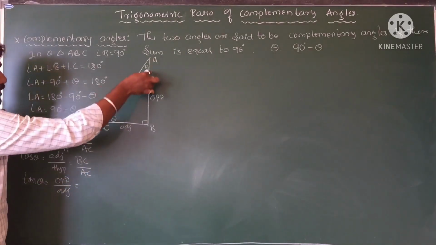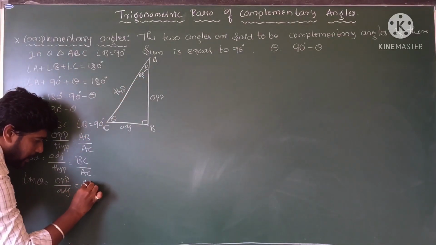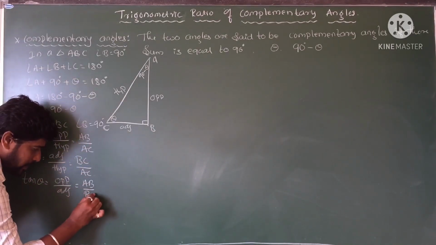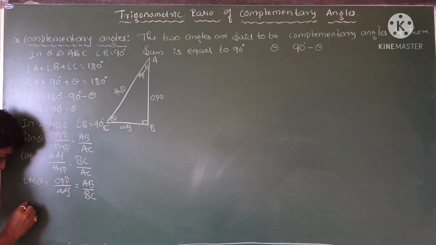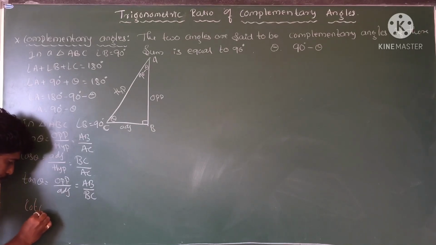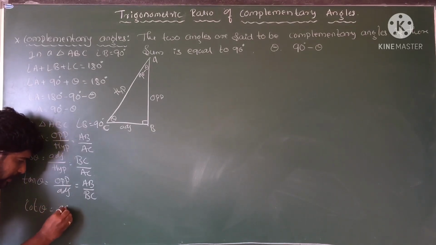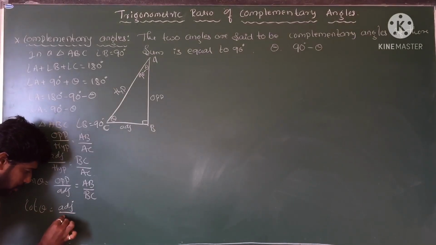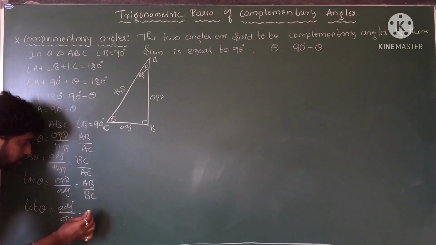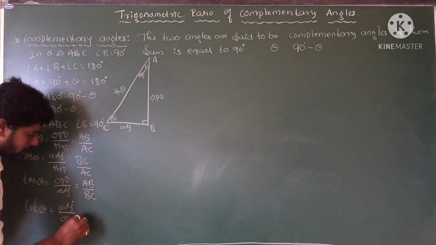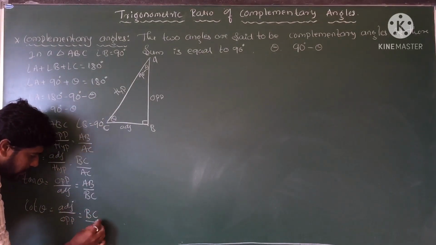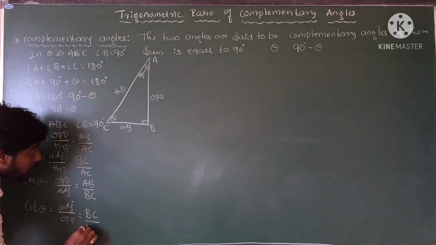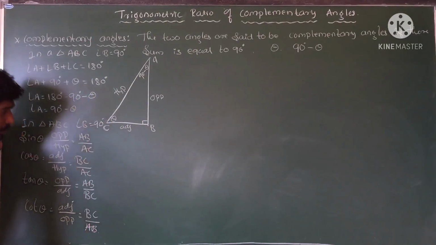The opposite is AB, AB divided by adjacent BC. Next, cot theta. Cot theta is adjacent divided by opposite. The adjacent here is BC, BC divided by opposite AB.